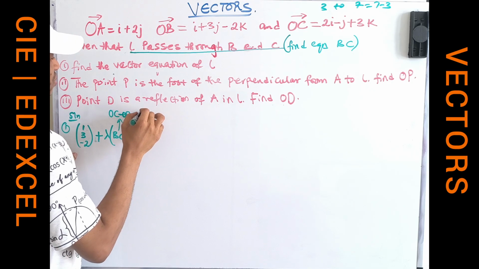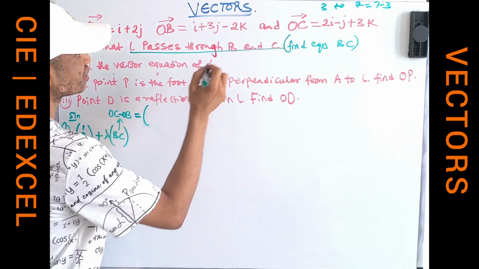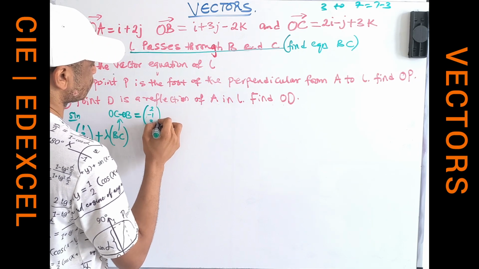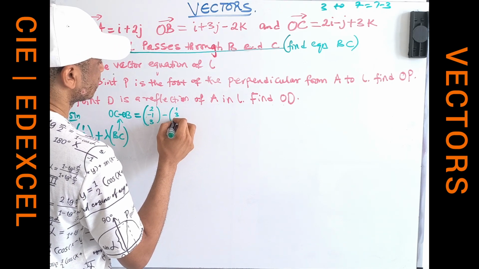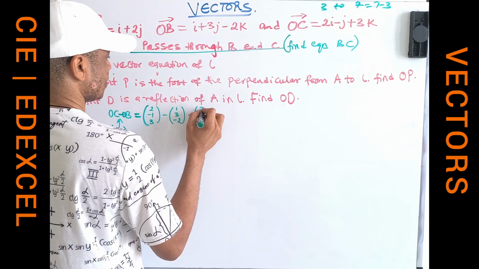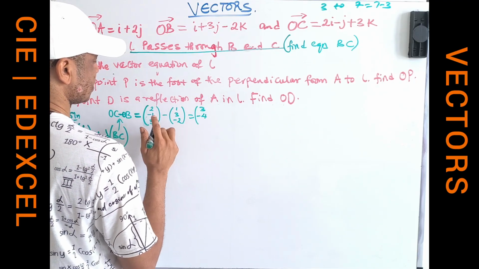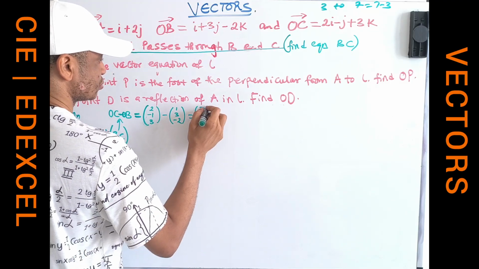So OC is 2, minus 1, 3, minus OB, 1, 3, minus 2. So this will give me 3, minus 4, minus 3 minus 1. This is 5, 3 minus 2.